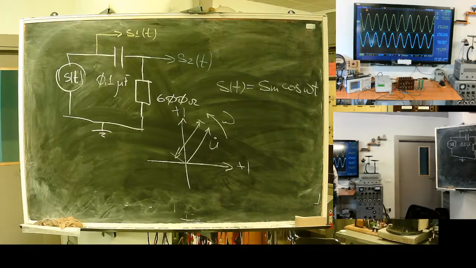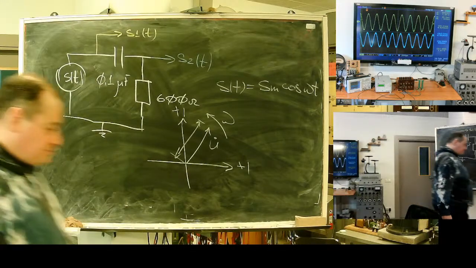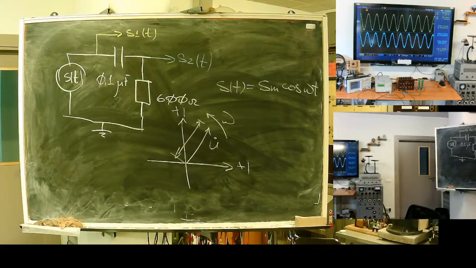What is the idea of AC circuits? AC generator produces AC voltage.